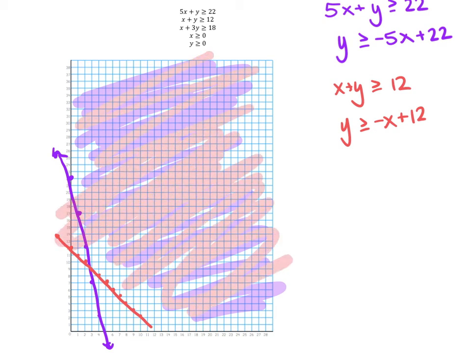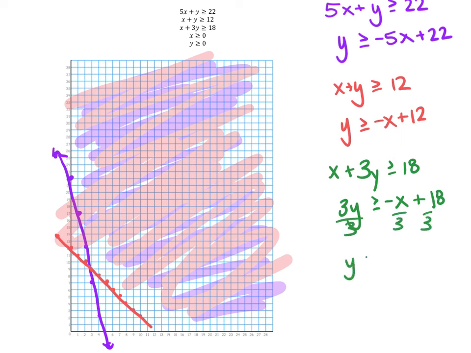Like this. And then another one, I have a green one, which says x plus 3y is greater than or equal to 18. So move x over. 3y is greater than or equal to negative x plus 18. Divide everything by 3. y is greater than or equal to negative 1/3 x plus 6.